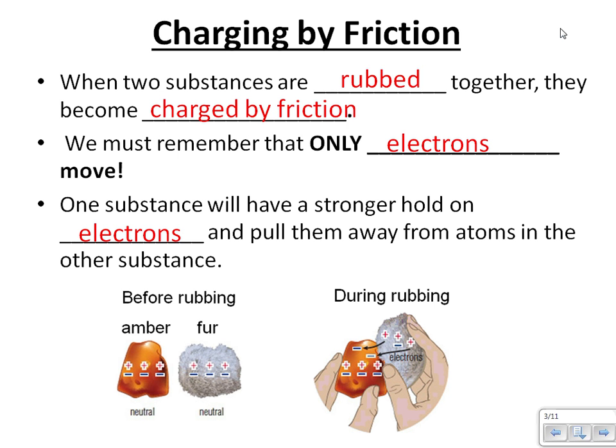After that, the amber is going to have a negative charge, and the electrons moved away from the fur, and the fur is now going to have a positive charge. So just by rubbing these two substances together, we can move the electrons and create objects with a negative and a positive charge.